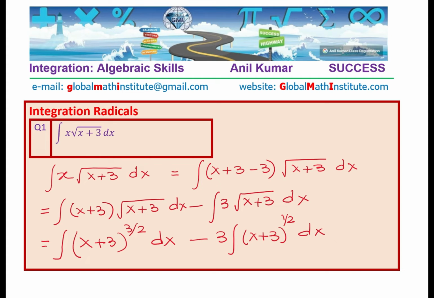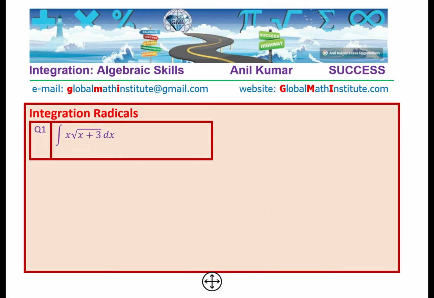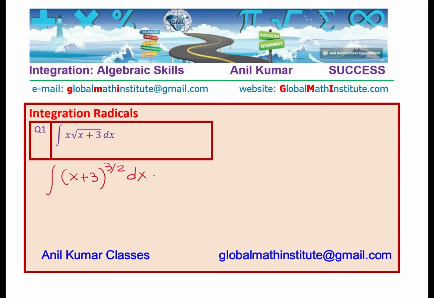So what we have now here is the integral of x plus 3 to the power of 3 by 2 dx minus 3 times integral of x plus 3 to the power of half dx. Apply the power rule to get the answer.